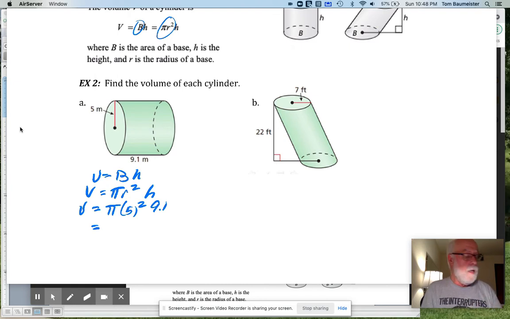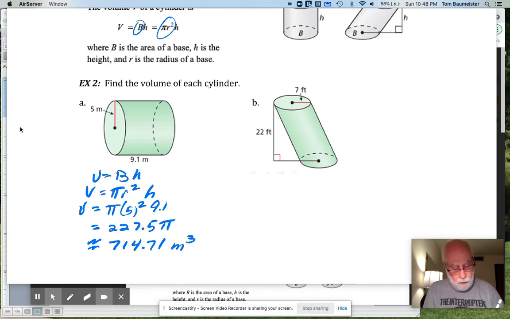If they ask you to leave it in terms of pi, you would have 227.5 pi. That's your exact answer. If they tell you to round, use the full pi, and when you're done multiplying, round it, and you'd find it's approximately 714.71. Volume is always cubed.